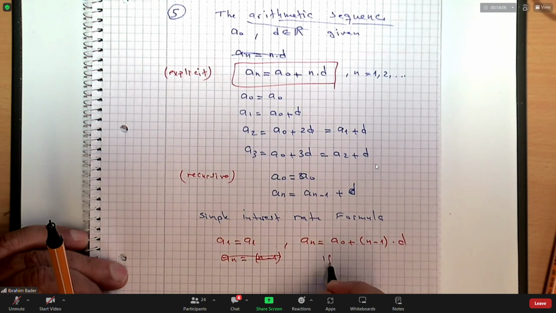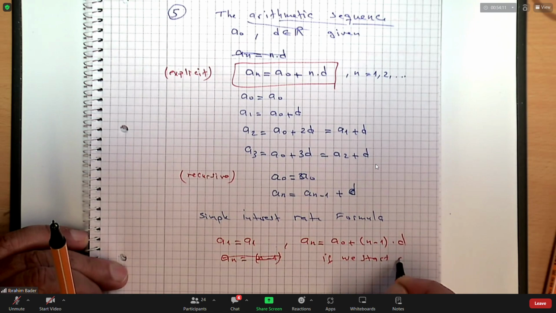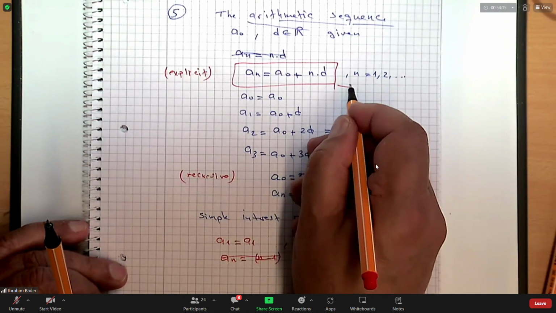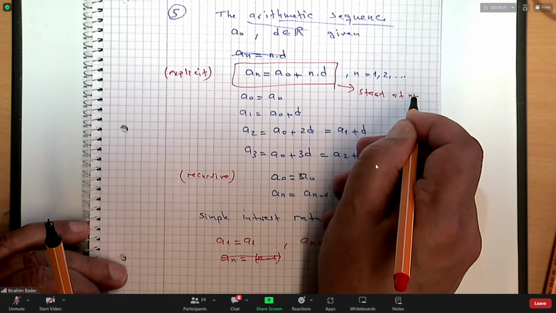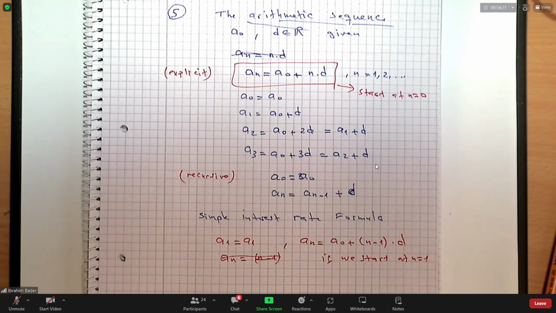So here, if we start at n equals 0, that means if the first element you are given has the subscript 0, then you rather use this formula. If it is 1, then you use this formula.